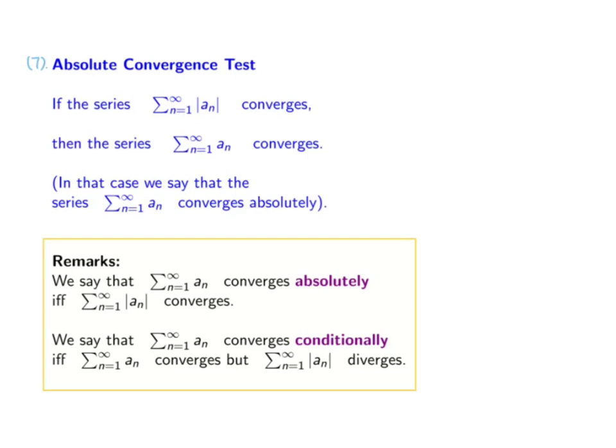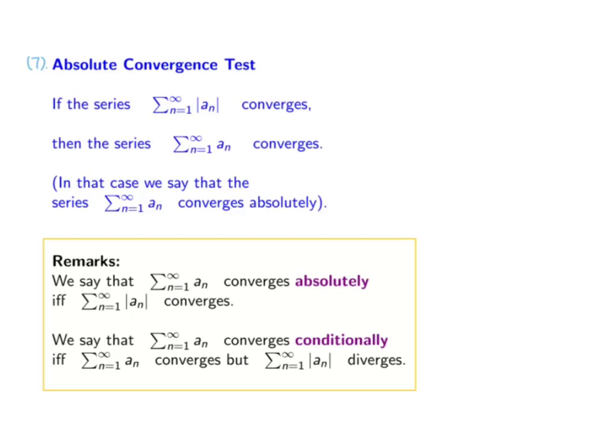In fact, there are series which converge themselves, and at the same time, after taking the absolute value of each of the terms an, the new series also converges. In this kind of situation, we say that the series converges absolutely.